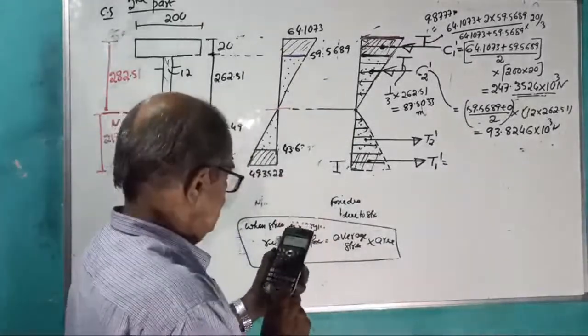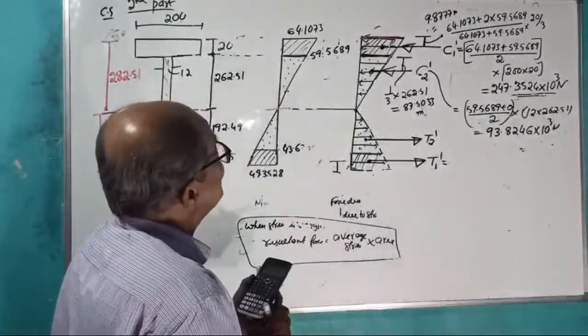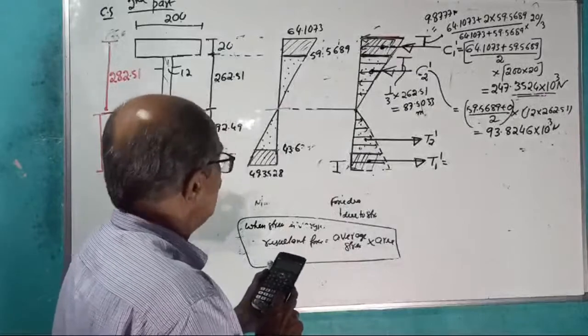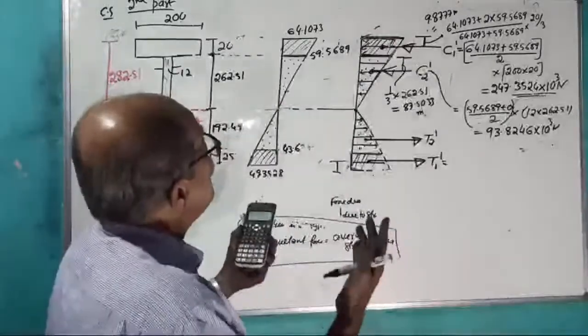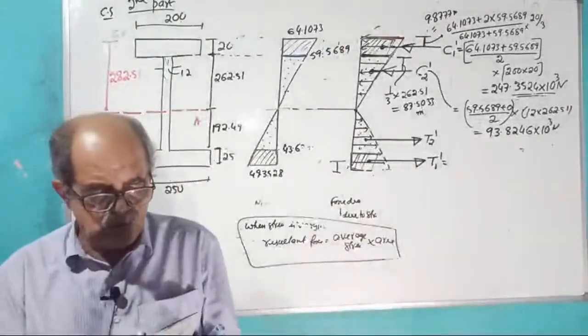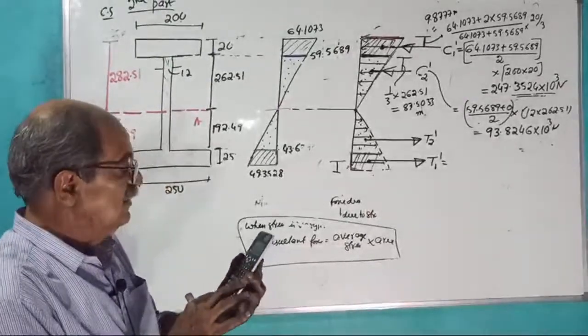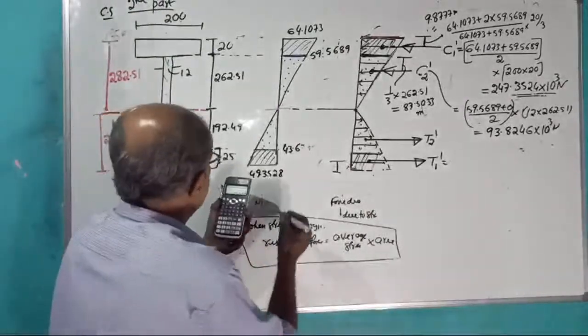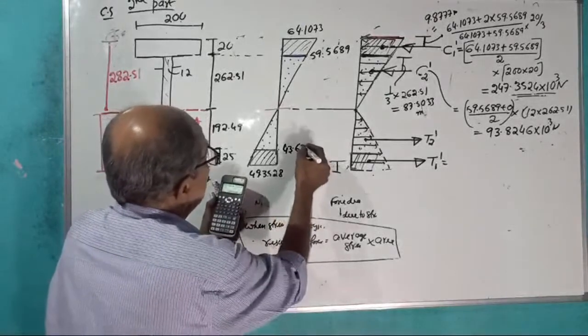3528 plus, oh, this number only got rubbed out. Okay, now again I calculate. 150 times 10 to the power 6 divided by, I forgot the moment now, 661.025 into 192.49 is 43.6799.